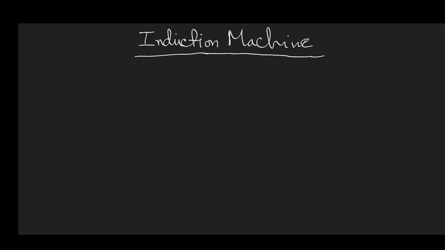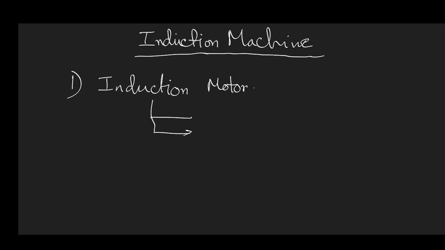So first, if we are talking about induction motor, which one was very popular for many of its practical applications and rugged construction. Induction motor, you can study that there are two types possible.